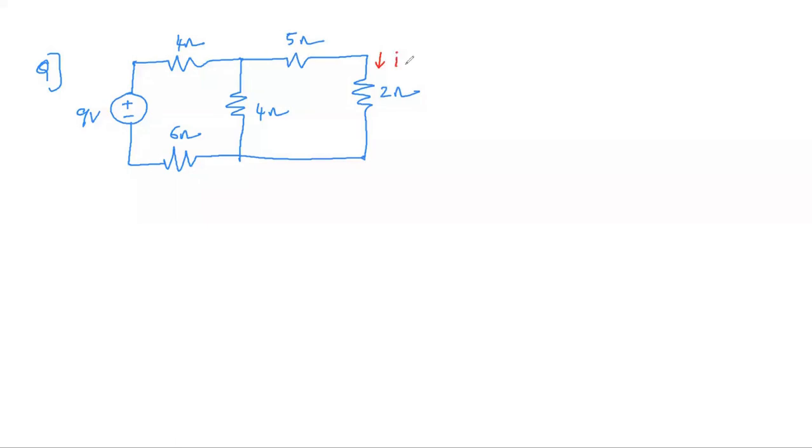What I want you to find is, using Thevenin's theorem, the current through the 2 ohm resistor.